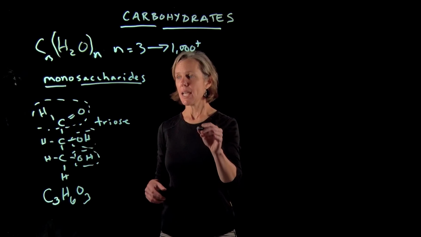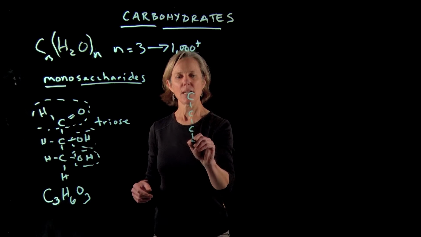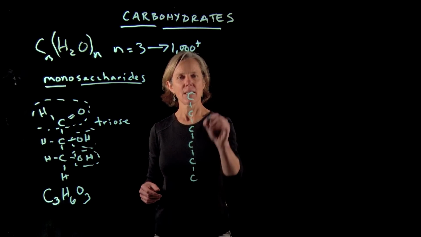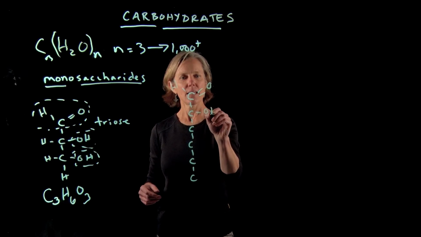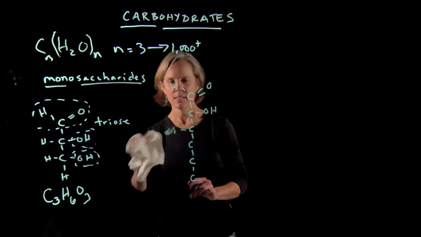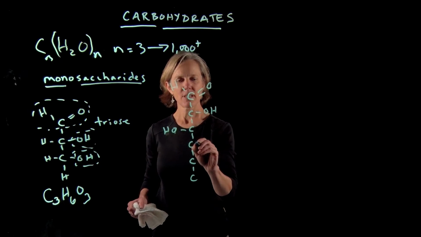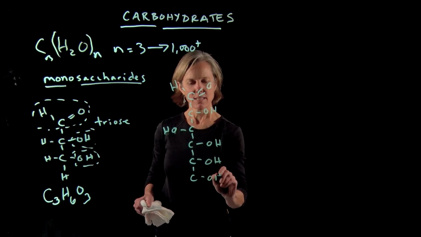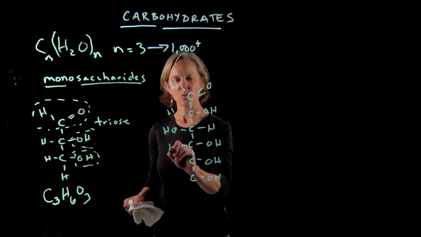Okay, how about a 6-carbon carbohydrate? That would be called a hexose. 1, 2, 3, 4, 5, 6. There's our carbonyl group. And lots of hydroxyl groups. Fill in our carbons with hydrogens.